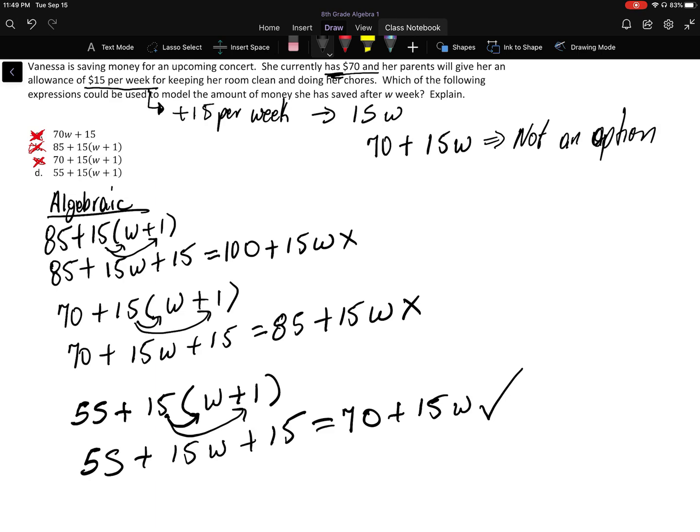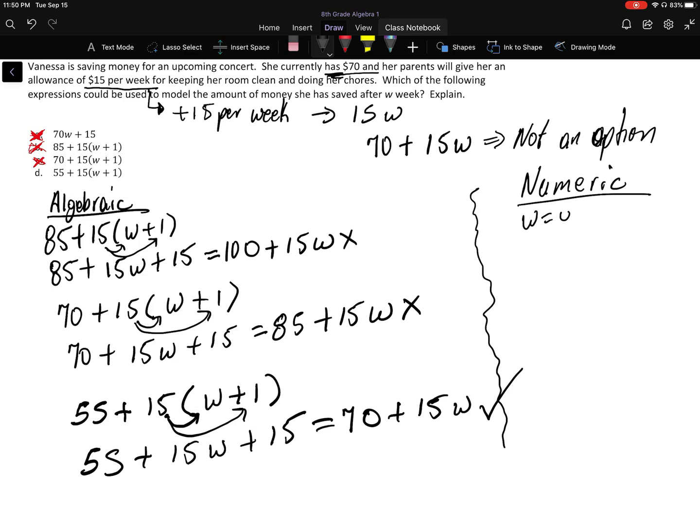As I said, we have to make sure that it actually checks. So numerically, we're going to see how this one looks after one week, just to make sure it matches what the scenario is saying.